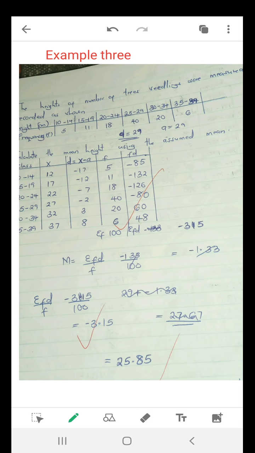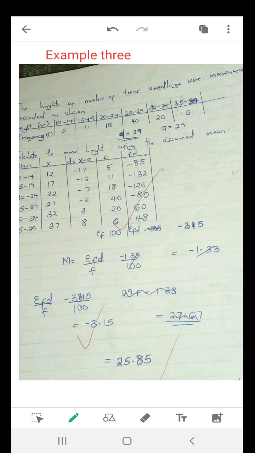To get fd, I'm multiplying the frequency by the deviation. Negative 17 times 5, negative 12 times 11 to get negative 132. Negative 7 times 18 to get negative 126. Negative 2 times 20 to get negative 40. 3 times 20 to get 60. 8 times 6 to get 48.